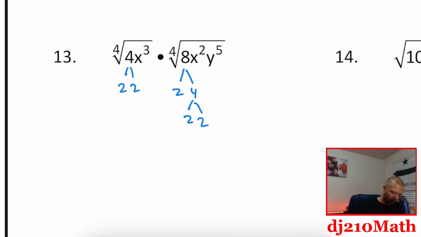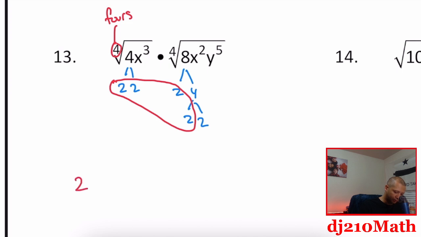So I'm looking for a group of 4. So 1, 2, 3, 4. So I know that this is going to come out as a single 2, right? Because this is 4, so we're looking for 4s. So there's my group of 4. This can come out as a single 2. The blue 2 stays inside.